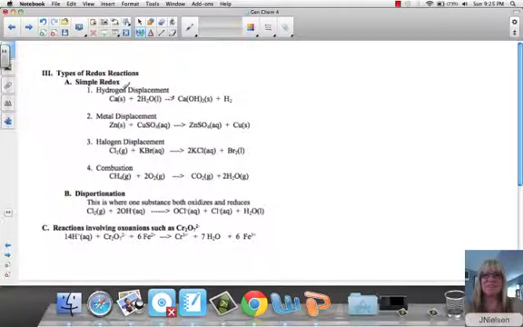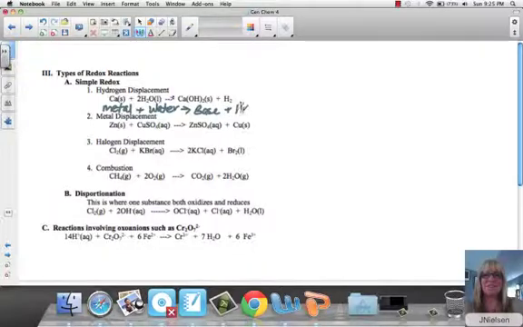So a simple redox, one way to recognize it, remember these are just clues, is hydrogen displacement. So in this case you have a metal plus water, and that's going to give you a metal hydroxide or a base, and hydrogen gas.